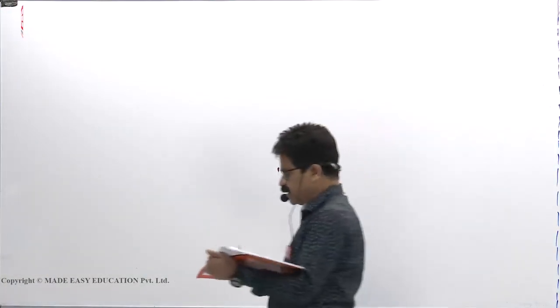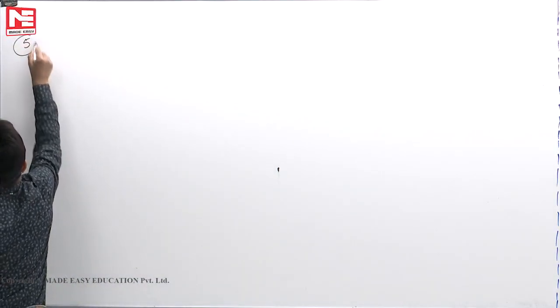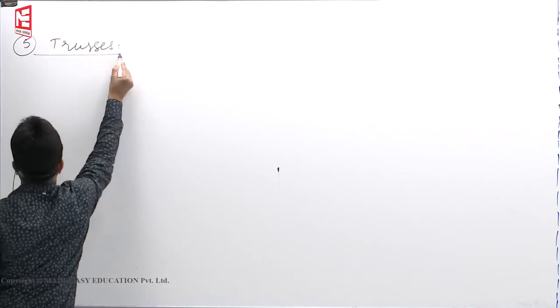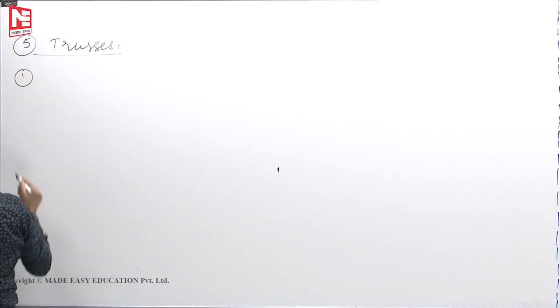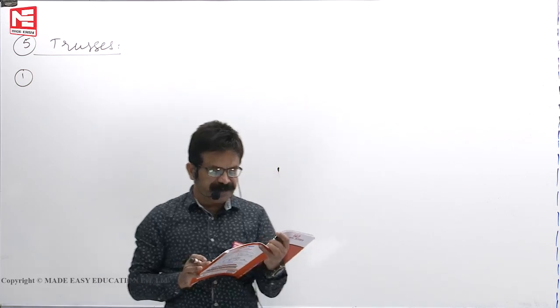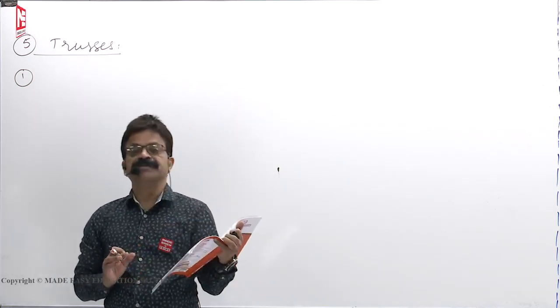Okay, now we'll see chapter 5, trusses. First one: maximum number of unknown forces that can be determined in a concurrent coplanar force system under equilibrium.